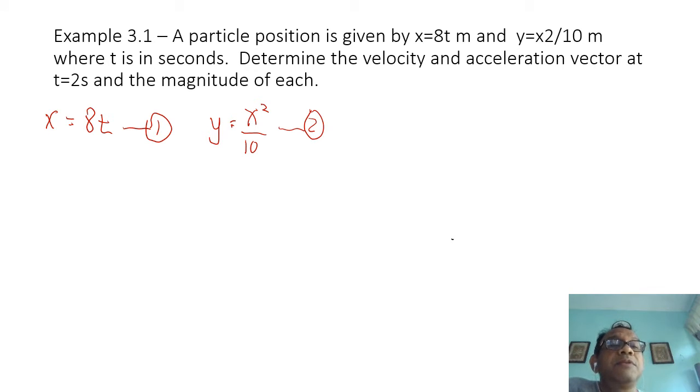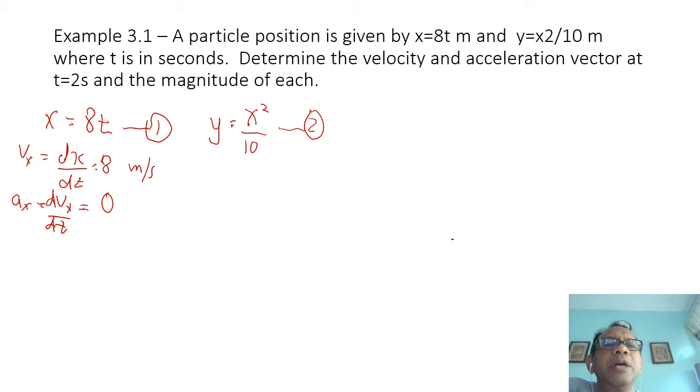The first derivative of x: vx equals dx over dt, and that gives us 8. And then ax equals dvx over dt, and that gives us 0 because vx is constant, so that's 8 meters per second.